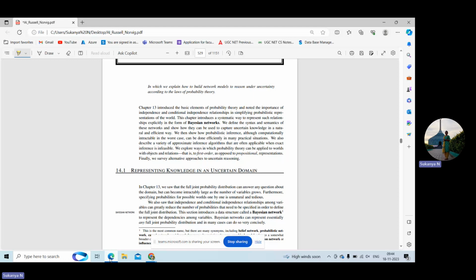So what will be the third one? In case this Bayesian network is a directed graph, if there are no directed cycles, we call this Bayesian network a directed acyclic graph. Okay. So what is the third one? Now each node Xi has a parent node, right?